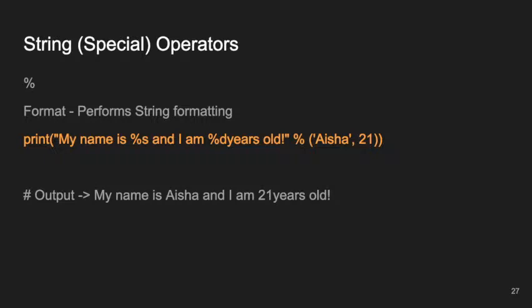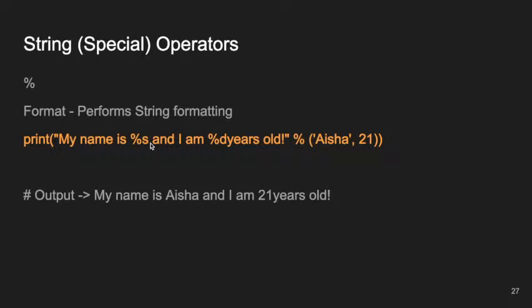Okay, so we have here this percentage. It helps us to do string formatting. Sometimes when you want to pass some variables into a string or a message that you already have, it's useful for you to use the percentage.